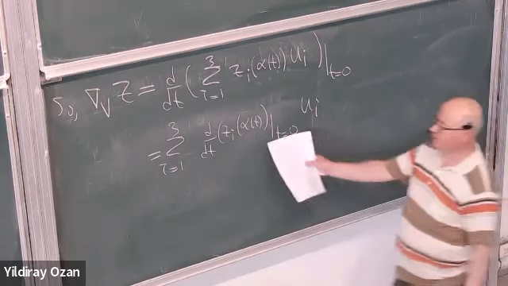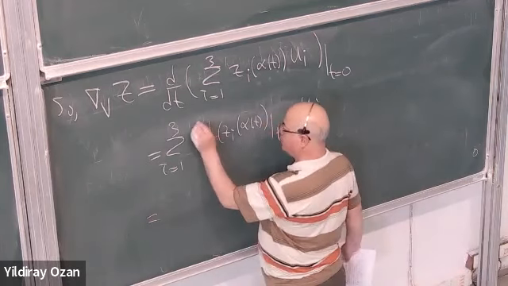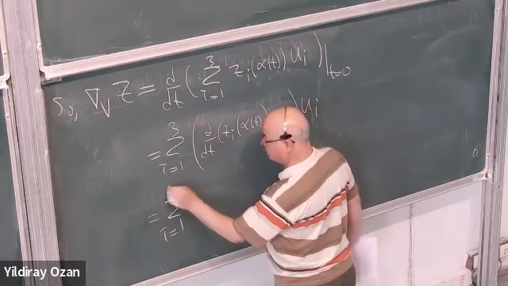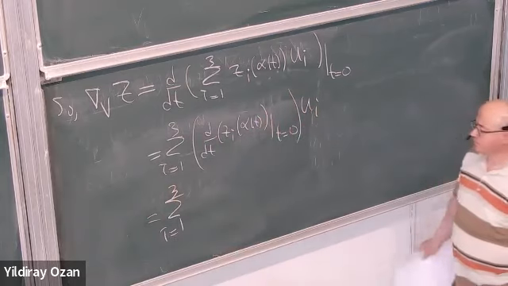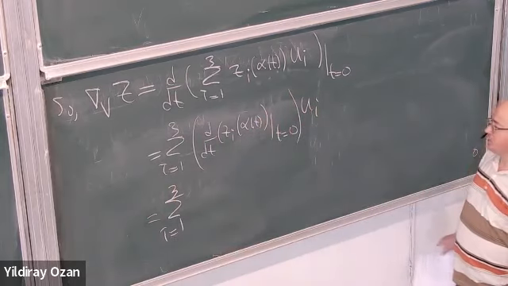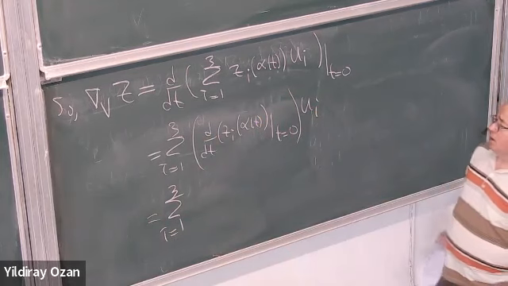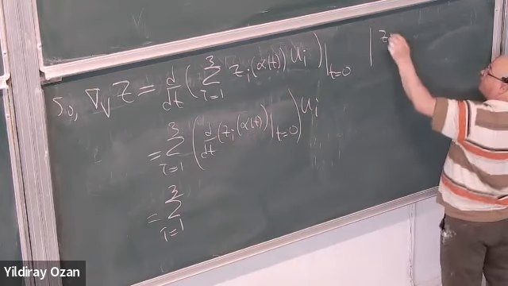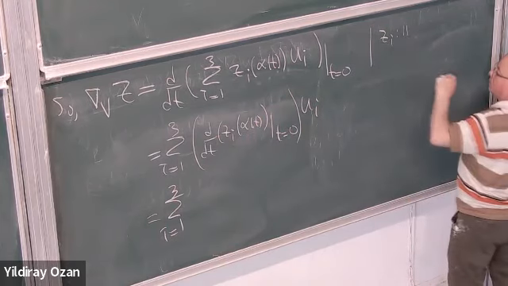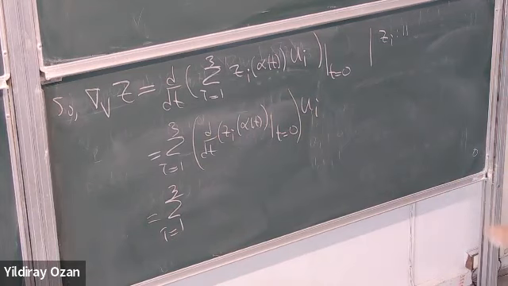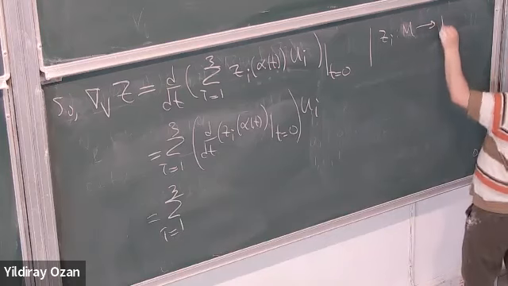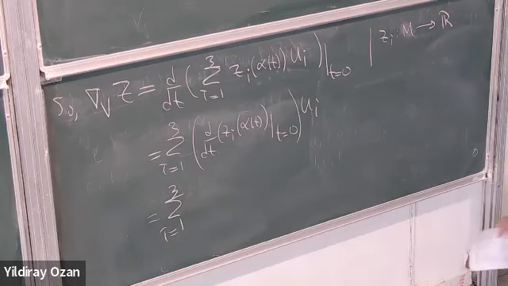Okay, what is this derivative? Right here, I have to take this derivative. I have a function, right? Zi is a function on M into R. I take the derivative.